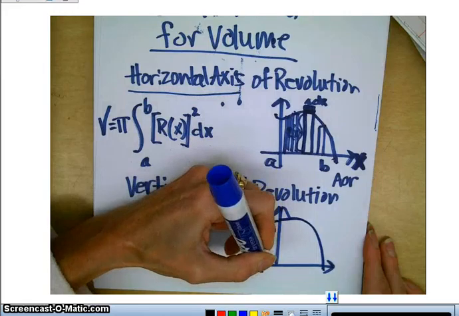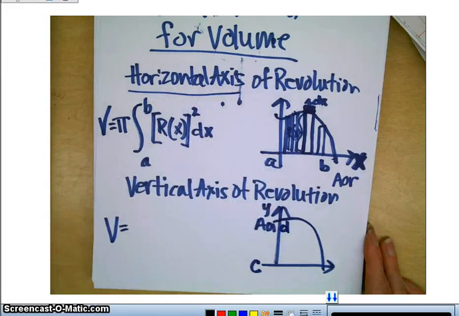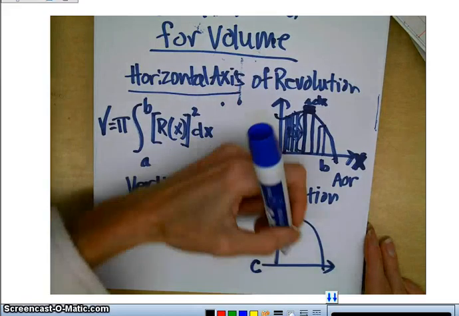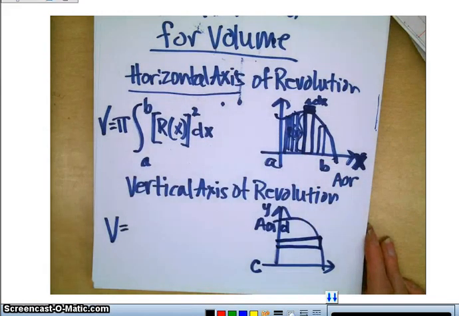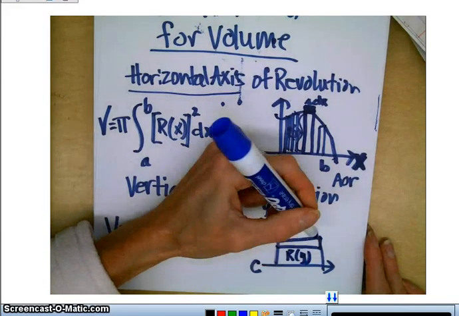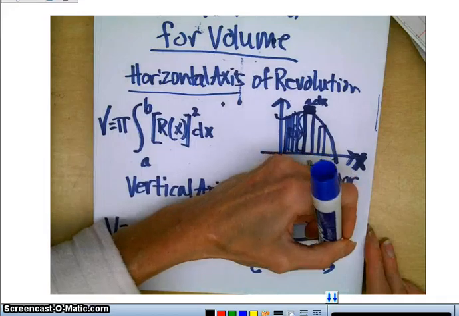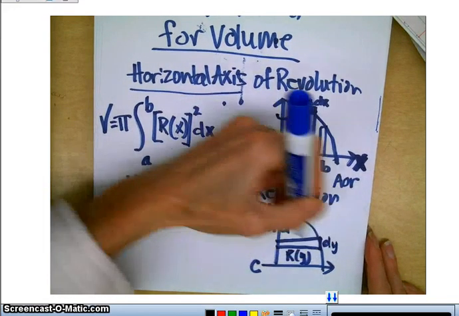You would have limits of integration from c to d. And this time your disk would be this way. Your radius would be r of y, and your height would be dy. And you would rotate it around the y-axis.